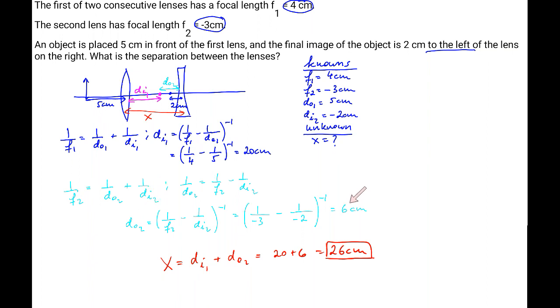The positive number tells me that the object starts to the left of the second lens because light started from the left side. So DO2 being positive here makes sense, and it's consistent with what we had for the first lens. So we had an object starting here, it forms an image there which becomes the object for the second lens, forming an image at this location. And then when we add the two distances we solved for, we end up with a separation between the lenses of 26 centimeters.